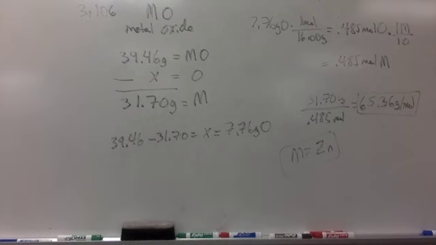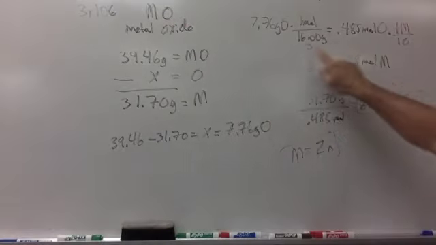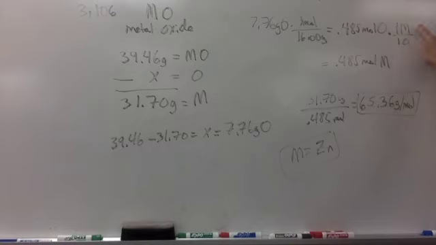Okay, so I took the 7.76 grams of oxygen and I converted it to moles. Then recognizing from the original formula MO that the moles of M and the moles of O are equal, I got that it was 0.485 moles of M.